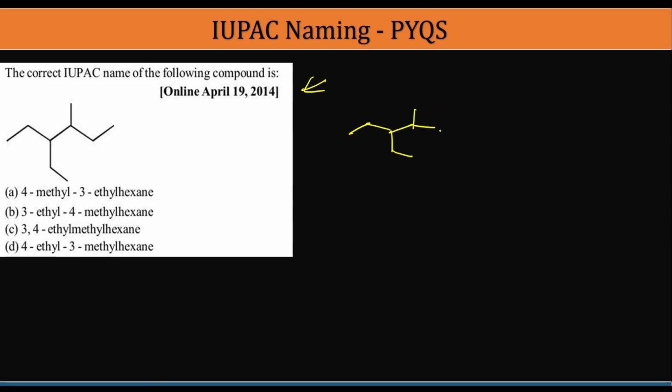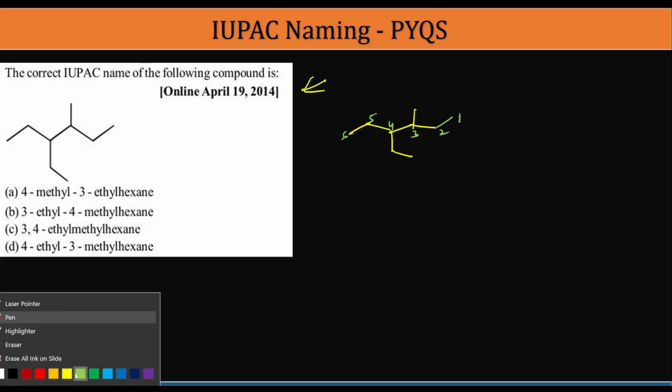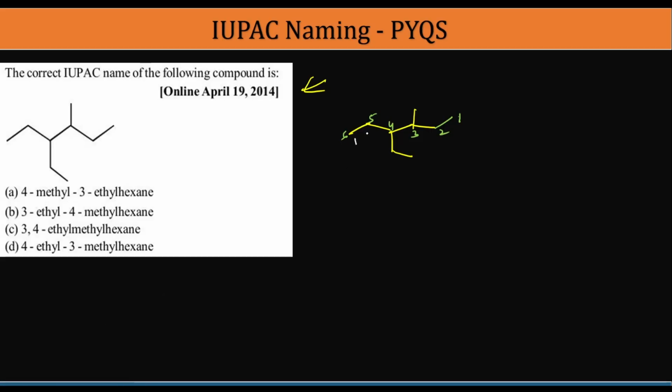If you start giving numbers from here or here, from both ends, you will get 1, 2, 3, 4, 5, 6, right? This is one possibility, and one more possibility is from here 1, 2, 3, 4, 5, 6. Okay, just don't get confused. I'm using different colors in order to make it clear for you. So here it is getting 3 and 4. Overall 7 only. We are getting the sum 7 wherever you give the number, right?